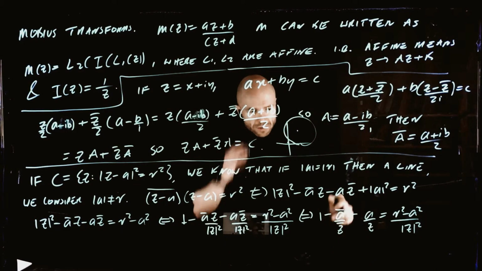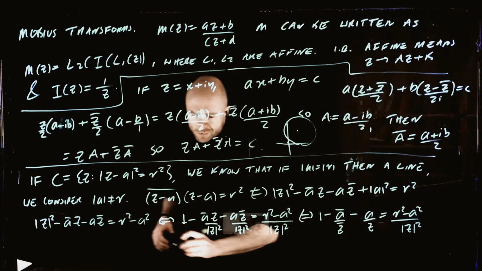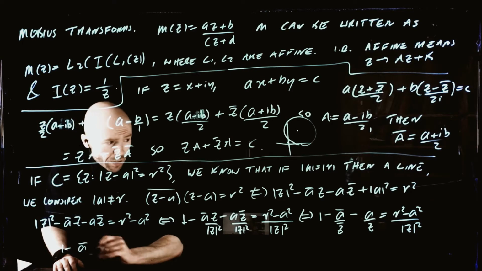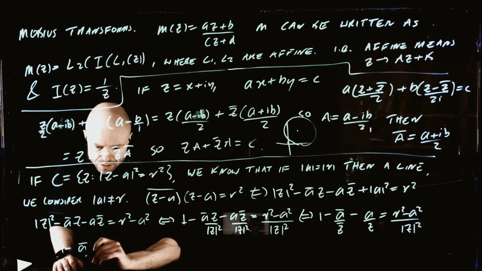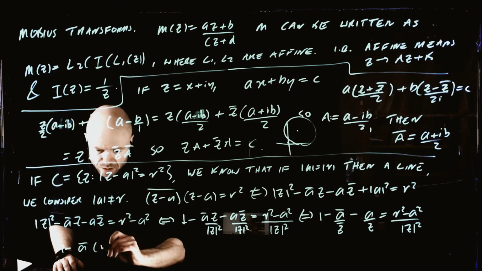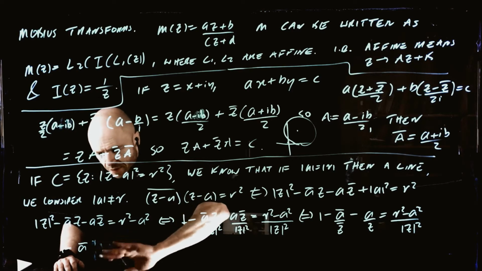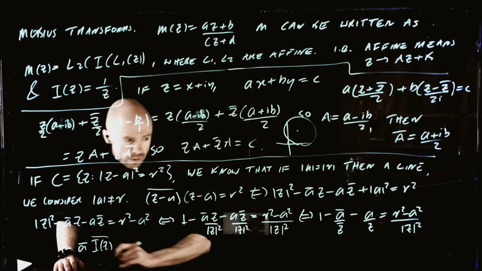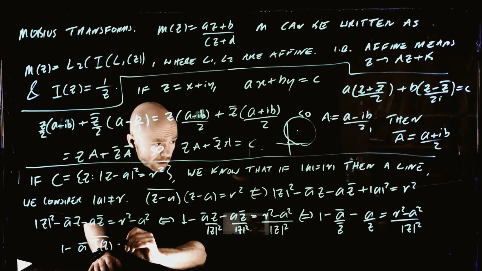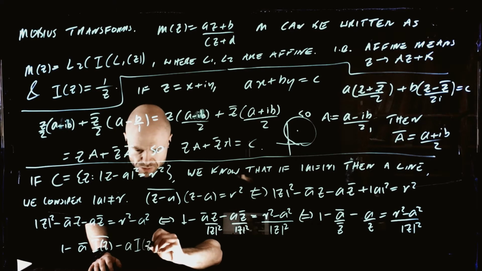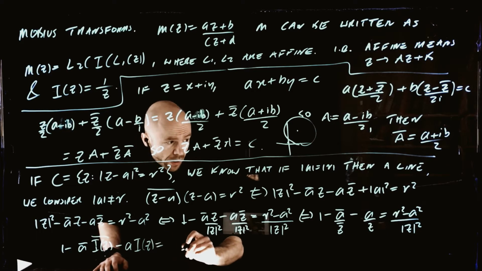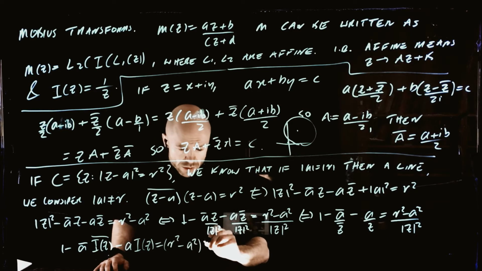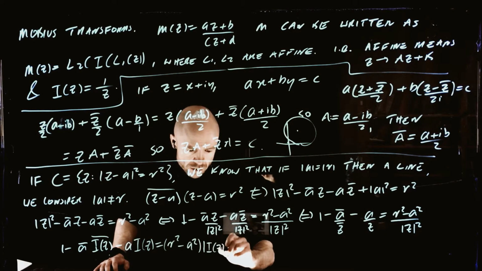Now, this thing we write as 1 minus a bar I of z conjugate, because I is just 1 over z, right? And then this is the same as minus a I of z, and then this thing here is r squared minus mod a squared times I of z squared.